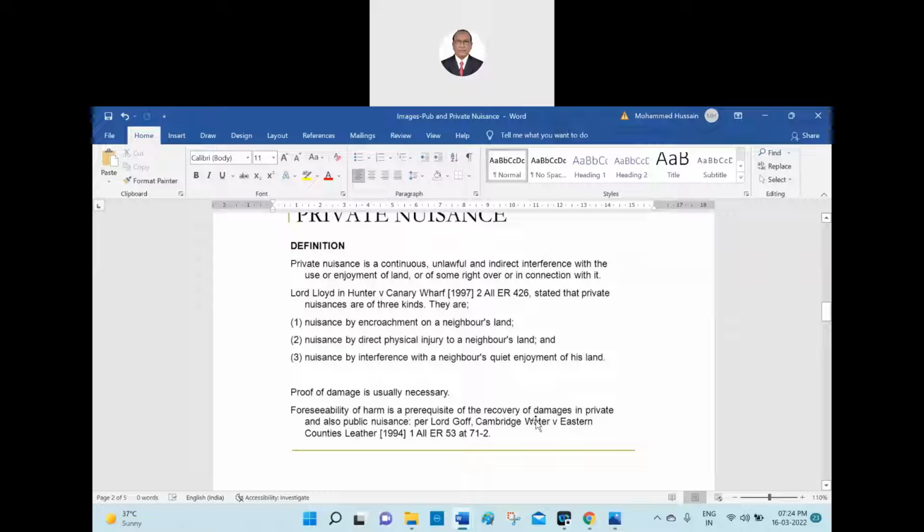And here, nuisance by encroachment on a neighbor's land is also nuisance. Nuisance by direct physical injury to the neighbor's land is also nuisance. Nuisance by interference with the neighbor's quiet enjoyment of his land.